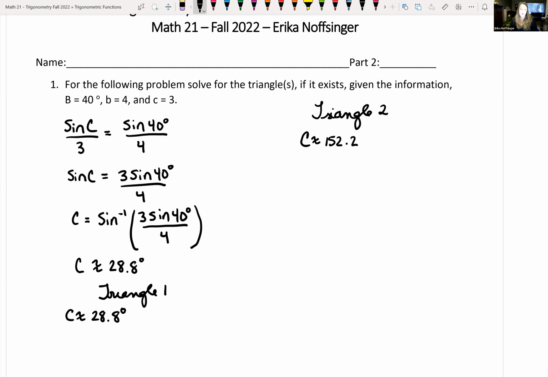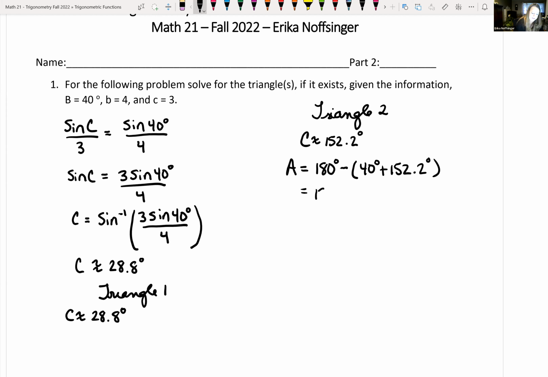So if we know two angles of our triangle, we can get the third one because we know the sum of all three of the angles is 180 degrees. So let's just first look at this second triangle. So angle A, which we're missing, is equal to 180 degrees minus the sum of the other two angles, 40 degrees plus 152.2 degrees.